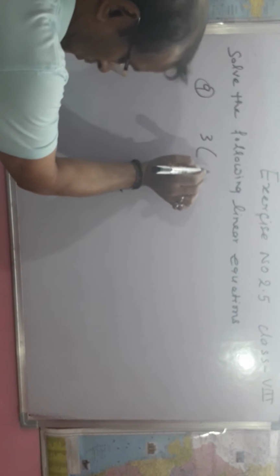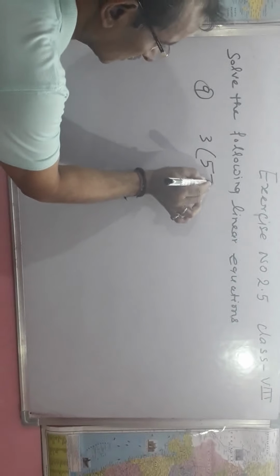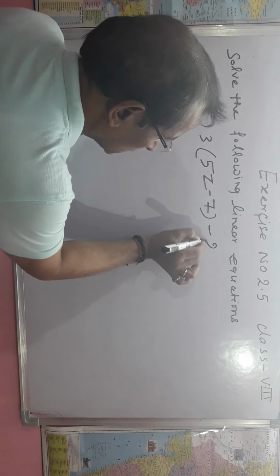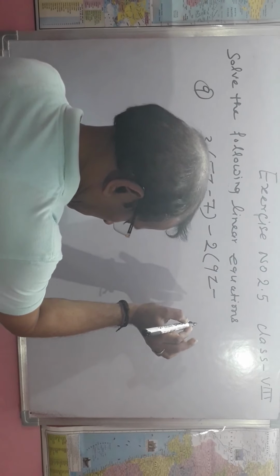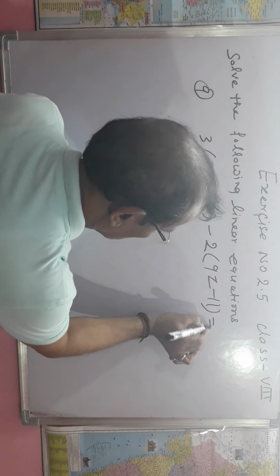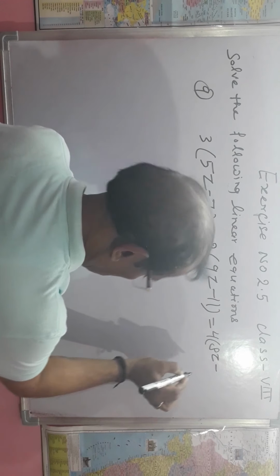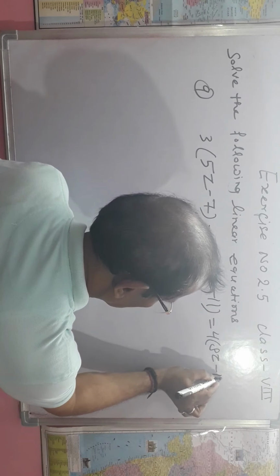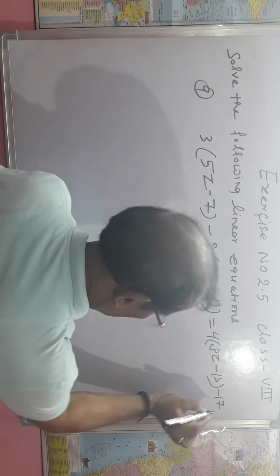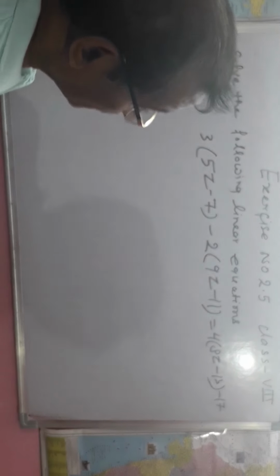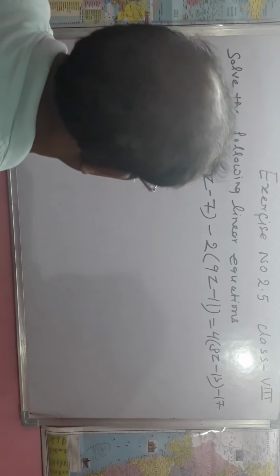We take question 9: 3 multiplied by (5z minus 7) bracket close, minus 2 into (9z minus 11) is equal to 4 multiplied by (8z minus 13) minus 17.